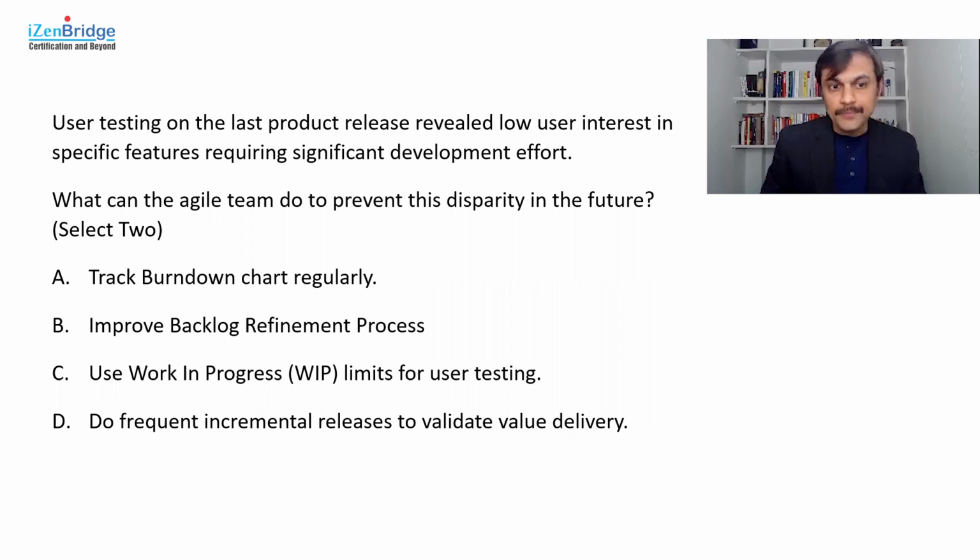Improve product backlog refinement process. Use work in progress limits for user testing. Do frequent incremental releases to validate value delivery. Looks tricky to me. Pick your 2 options and then we talk about it.